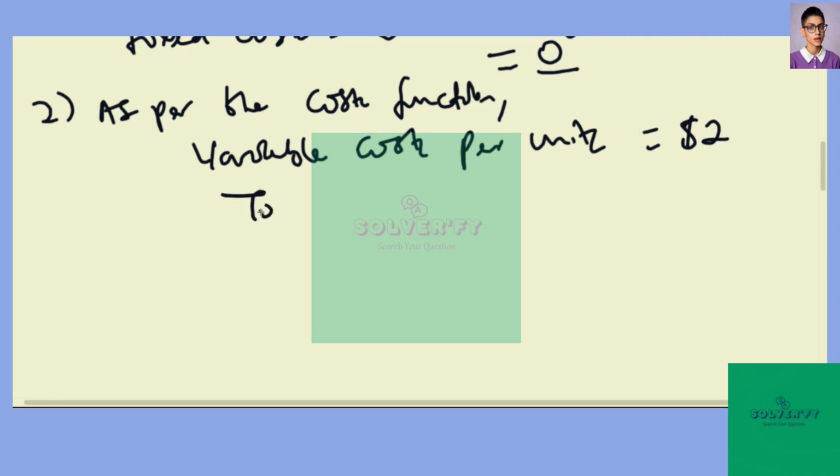And the total fixed cost is equal to 0. So that's what we can say from the estimated cost function.